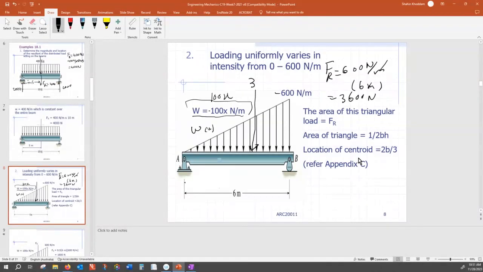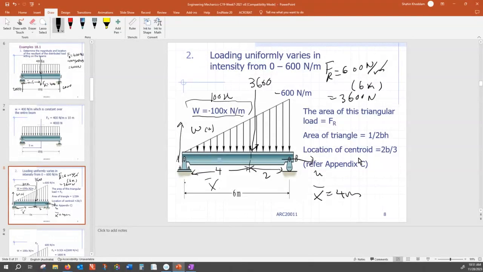This is the resultant. Okay, very good. The centroid of the triangle is one third of the base. So one third of 6 is 2 meters from here, or 4 meters from here. In terms of the symbols we have, this is called x bar, measured from the origin along the x-axis, and this is W of x. So x bar is 4 meters.